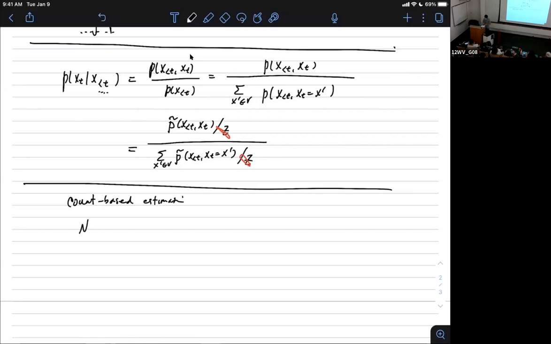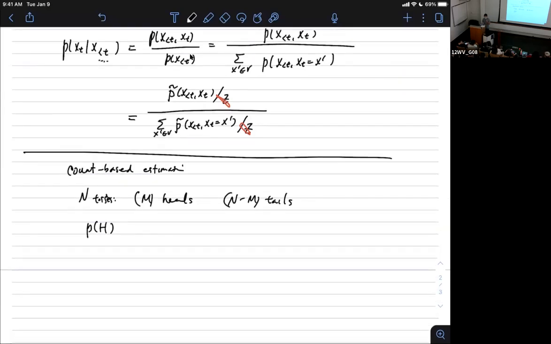So n times I tossed it, and I end up with m heads and n minus m tails. Then what is our best guess of the probability that the coin is going to land on heads after these n tosses? What would be your answer?